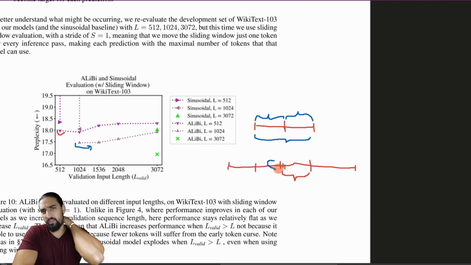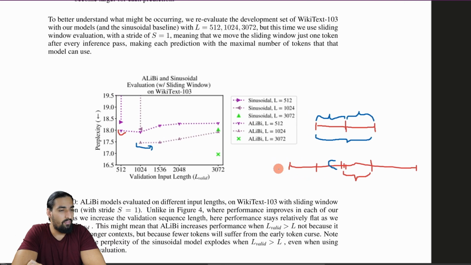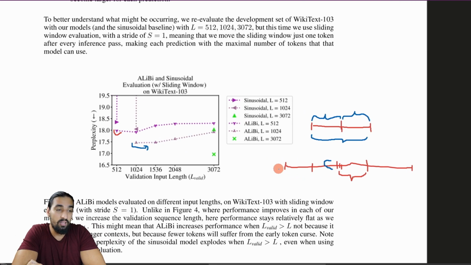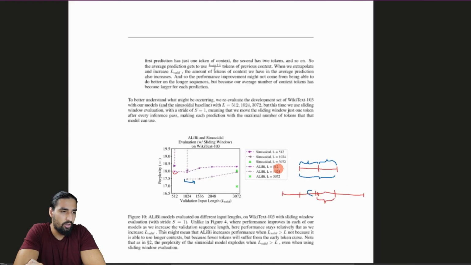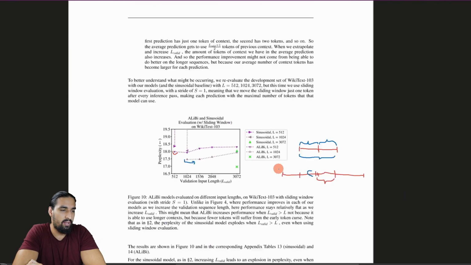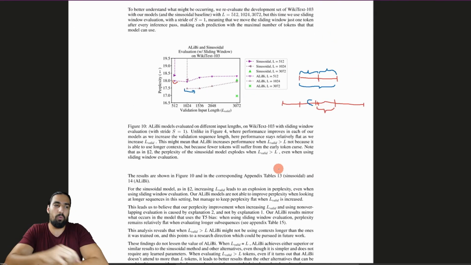So I don't see how this is actually alleviating this early token curse. I may have misunderstood something really badly here, but anyways, I encourage you to read this section and also comment down below what you think about this.